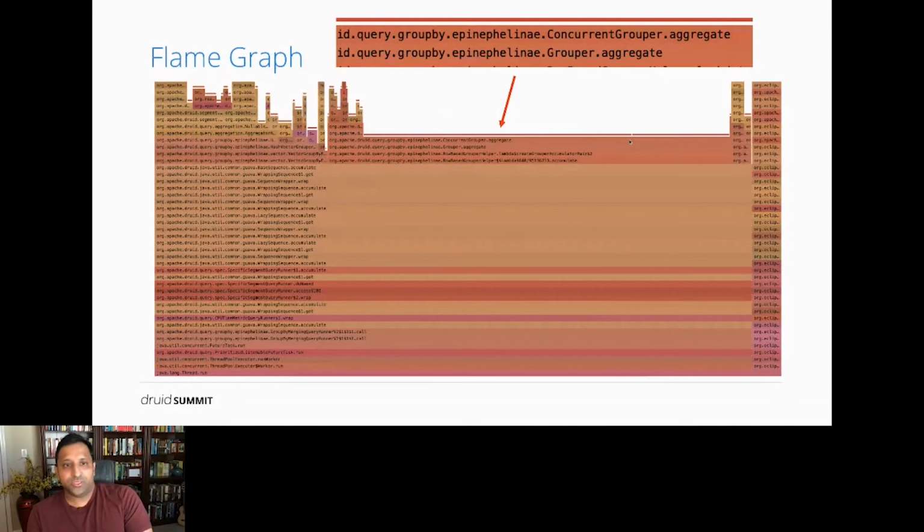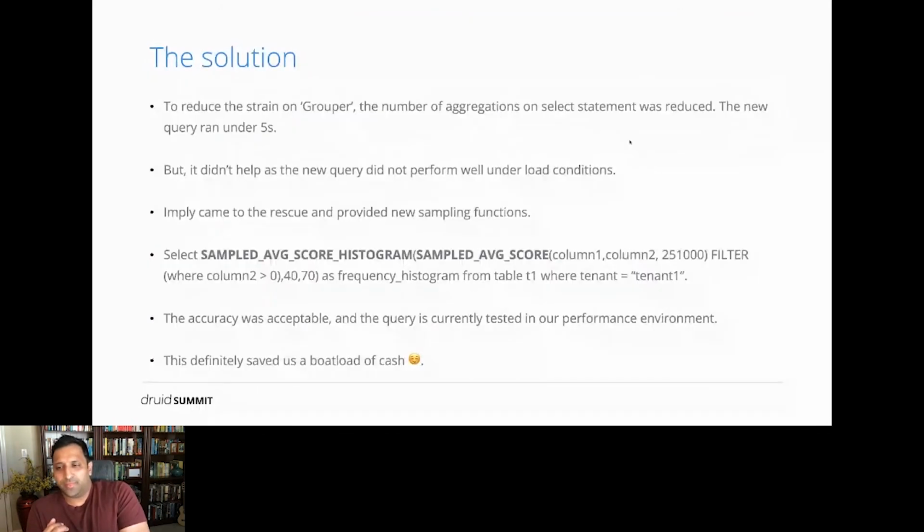One school of thought was to reduce the number of aggregations in the select statement. Our select statement had somewhere around 15 to 20 aggregations, because it was for a dashboard and all the aggregations were on the same data set.